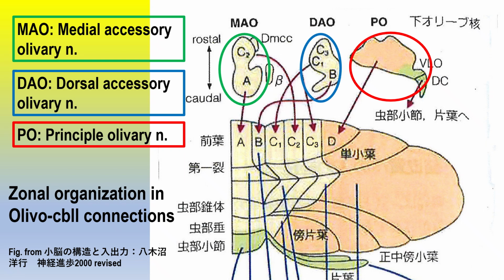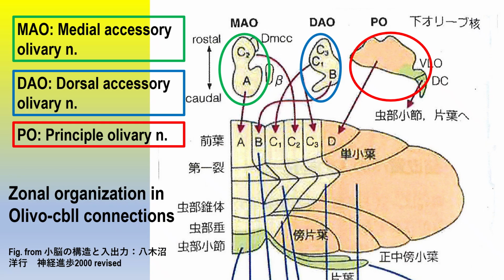For instance, the A zone receives projections from the caudal part of the medial accessory olivocerebellar nucleus, while the B zone receives them from the caudal part of the dorsal accessory olivocerebellar nucleus.